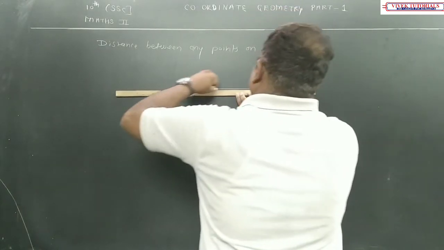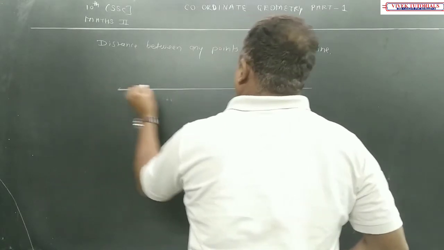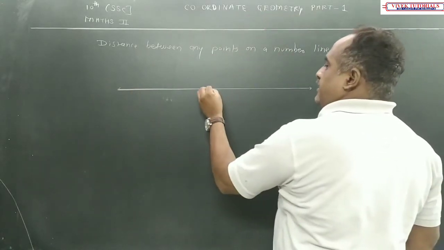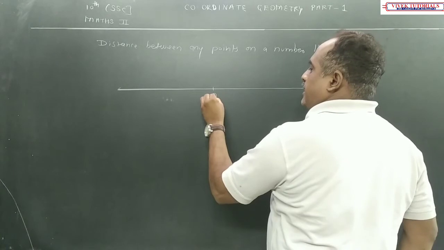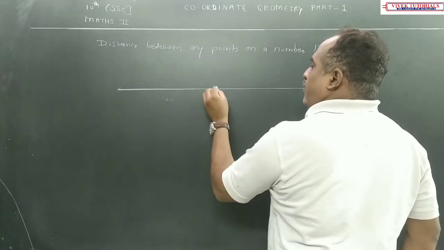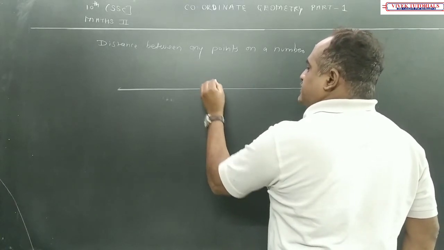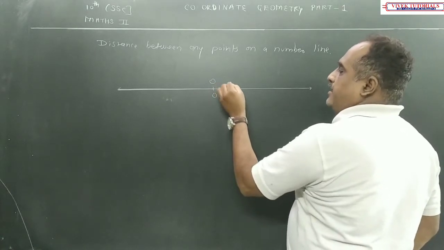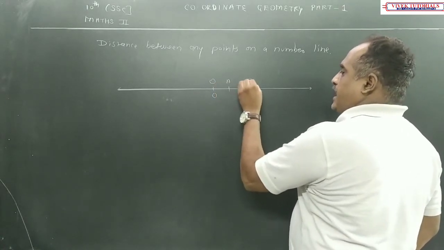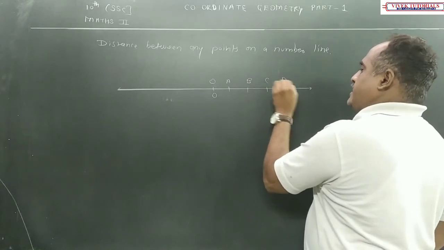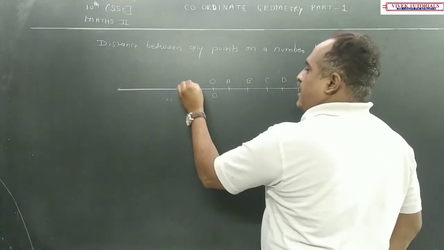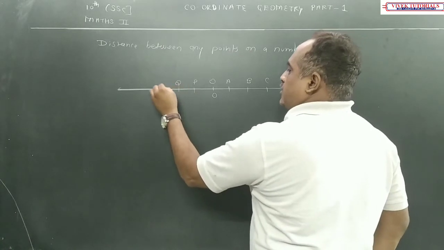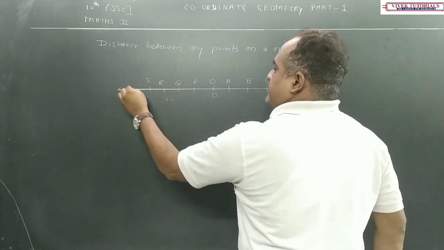Suppose this is a number line and this is the coordinate O. O is the coordinate whose coordinate is 0, then A, B, C, D, E, then P, Q, R, S, T.